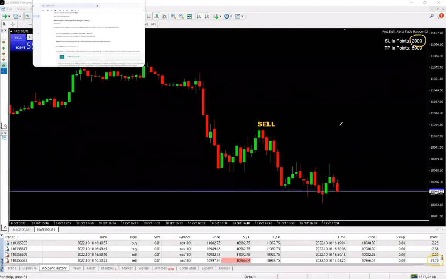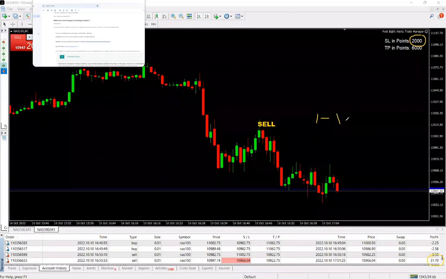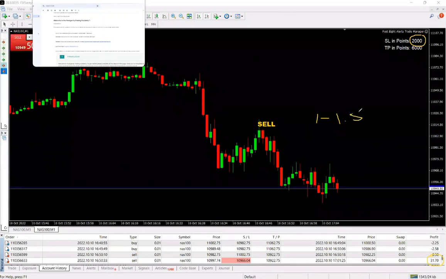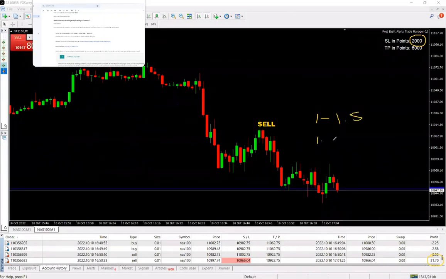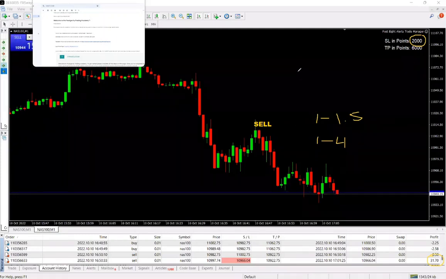It's about 1 to 1.5. But instead it was a 1 to 4 risk to reward, just because of me changing it. Instead of a $20 stop loss, it was a $7 stop loss, or close to $8. So that's what's really cool about this particular strategy.